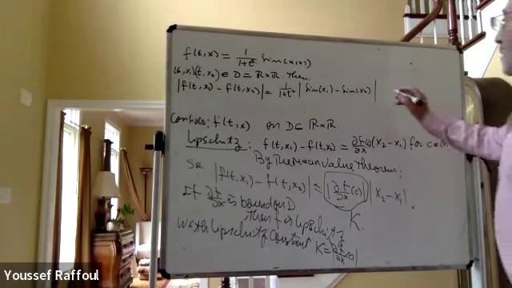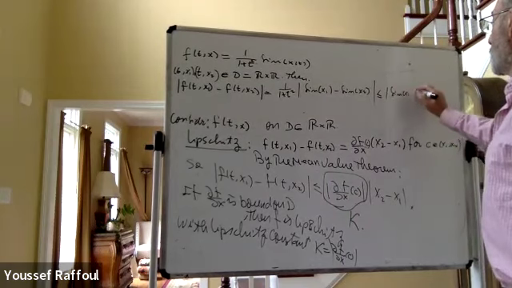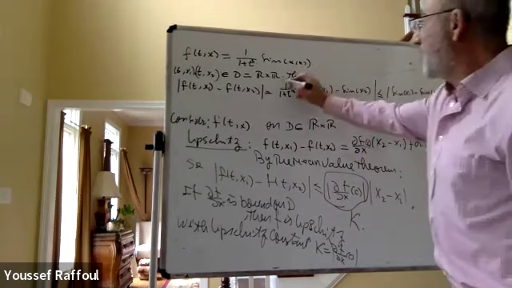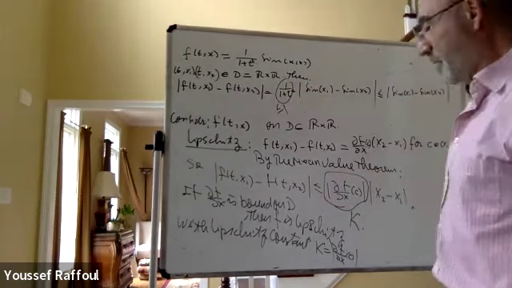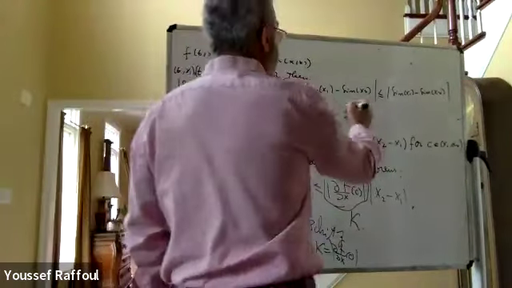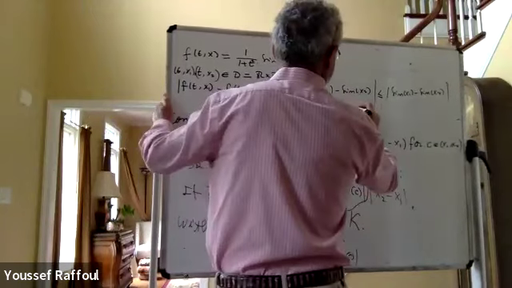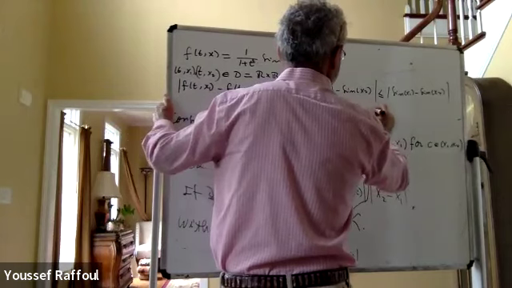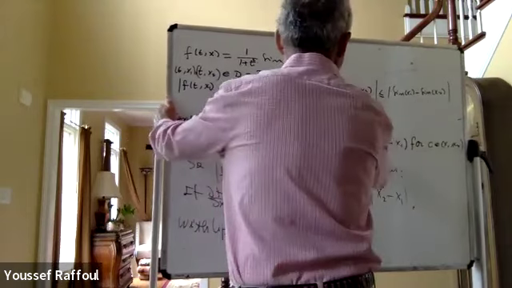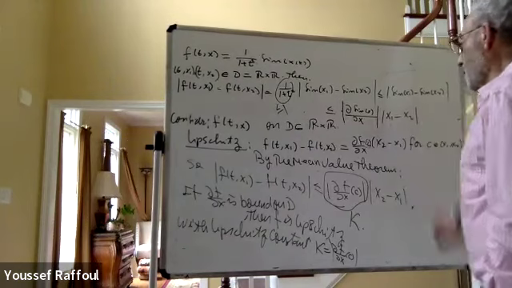So this is less than or equal to sine x1 minus sine x2, because 1 over 1 plus t squared is less than or equal to 1 for all t. Now, by the mean value theorem, this is equal to del of sine x over del x times x1 minus x2.